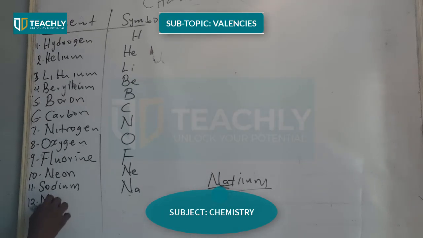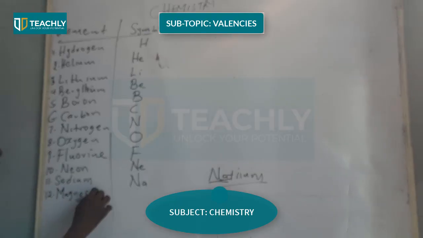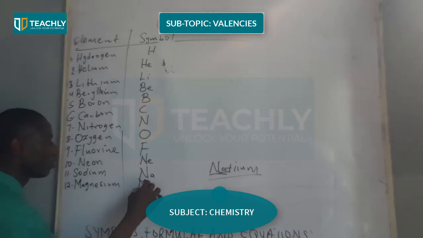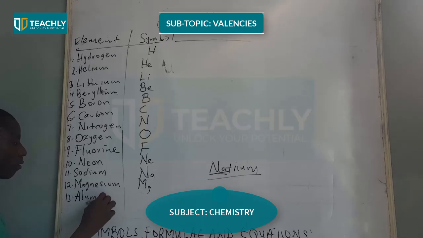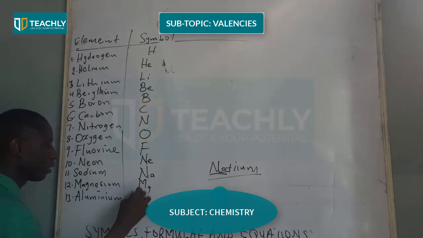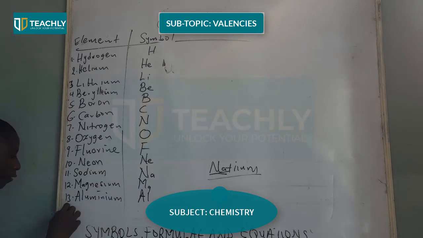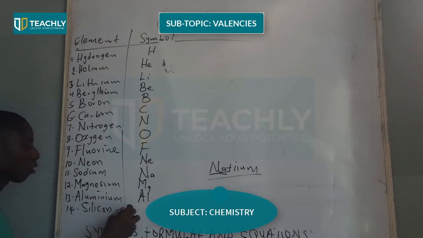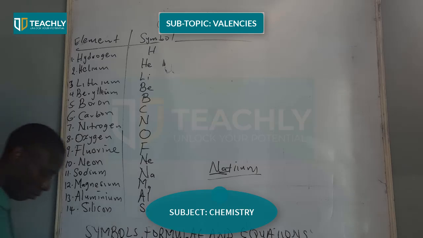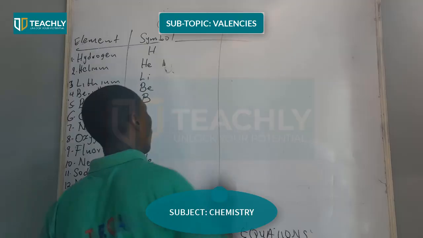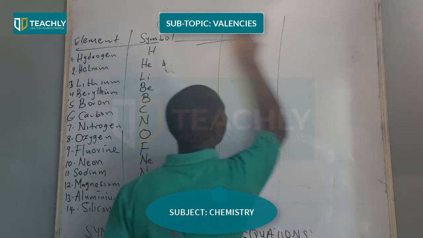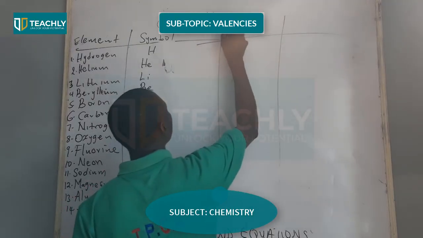Another one here is magnesium, which is Mg. 13, aluminium is Al. 14, silicon is Si. Okay, let's continue here.